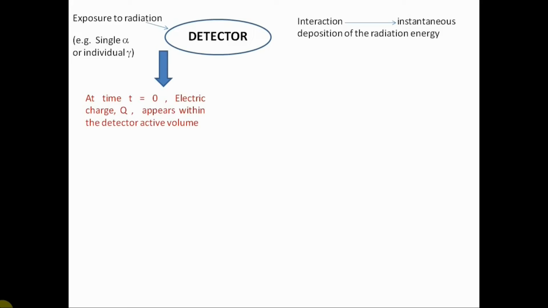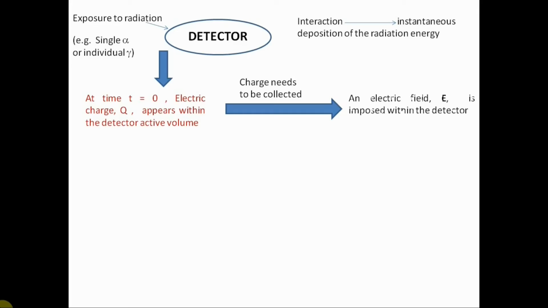Next is the interaction of this radiation with the detector medium, which results in the instantaneous deposition of the radiation energy. As a next step, electric charge Q appears within the detector active volume. It is this charge which now needs to be collected.